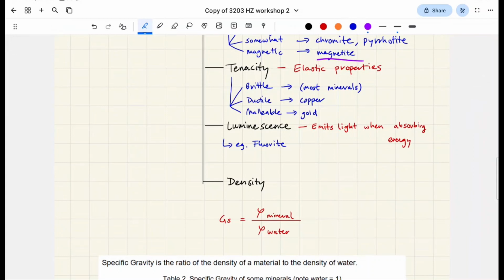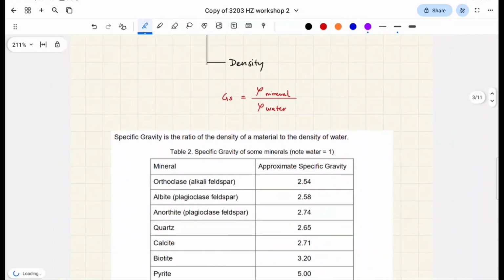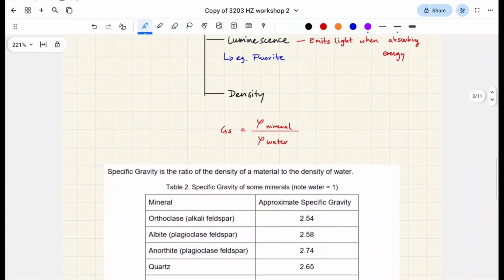Luminescence is that it will emit a light when absorbing energy, basically. There's very few minerals that do that, but that's again a dead giveaway if you know you're dealing with that mineral. If you remember your soil mechanics, there's your specific gravity that they might refer to, and that's the density relative to water, right?